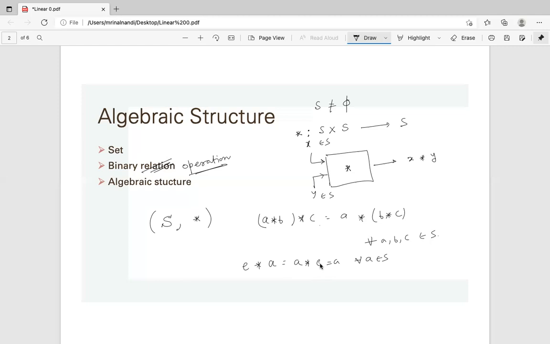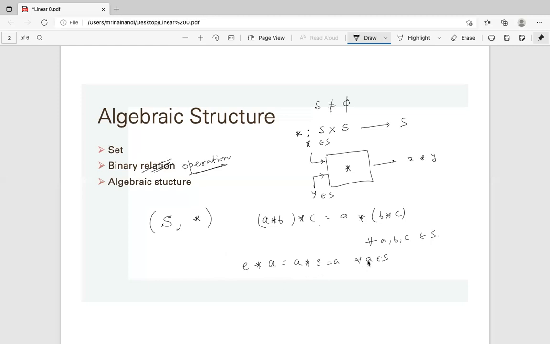Sometimes E star A equals A, but A star E may not be A. In that case, E is called the left identity. In the latter case, it is called the right identity. If we take both, we call it the identity element.